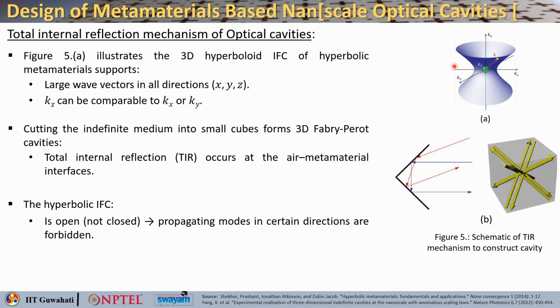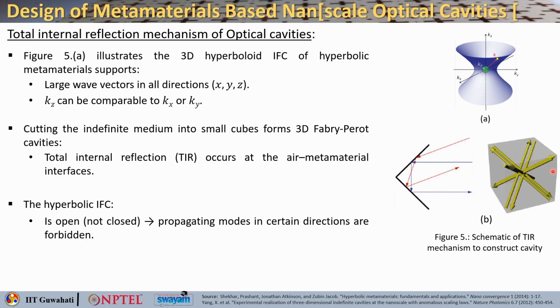So, that also results in varying the total internal reflection condition based on the direction of the propagation. This basically tells you about the schematic of the TIR mechanism, okay, that is useful for constructing the cavity.